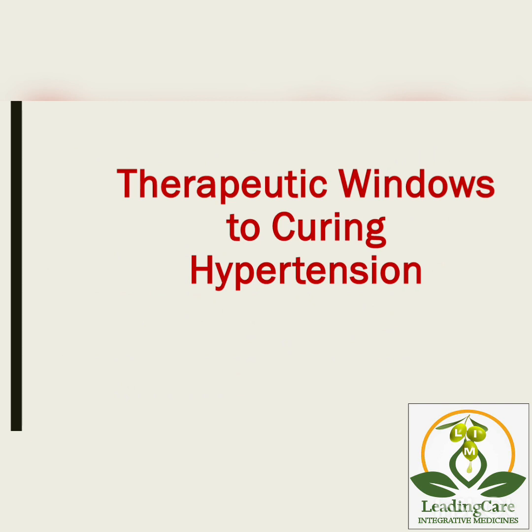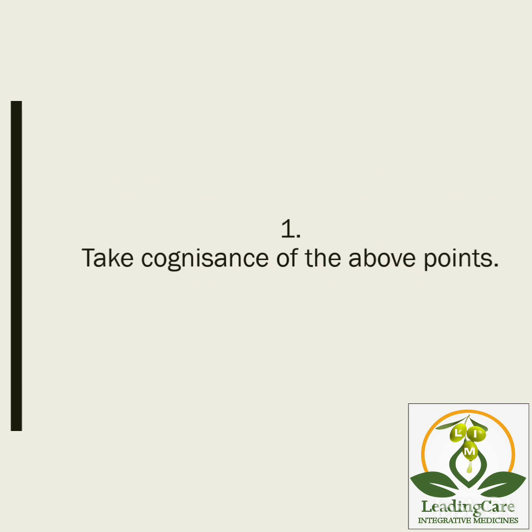These are the determinants of blood pressure. Now moving to therapeutic windows for curing hypertension. What are the ways if you want to cure hypertension? If it's a hypertension you've been managing for 10 years, 9 years, you don't need to live on drugs.